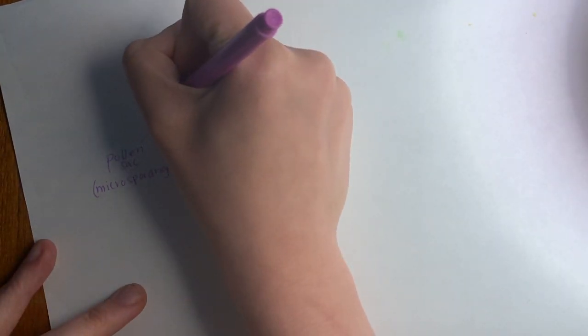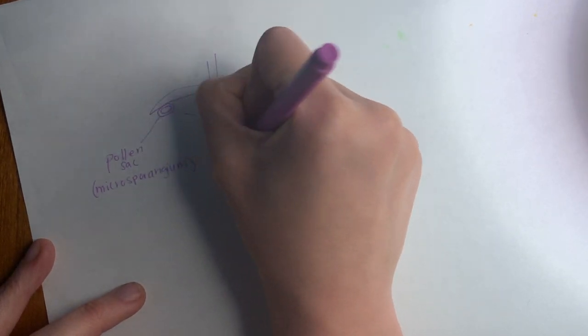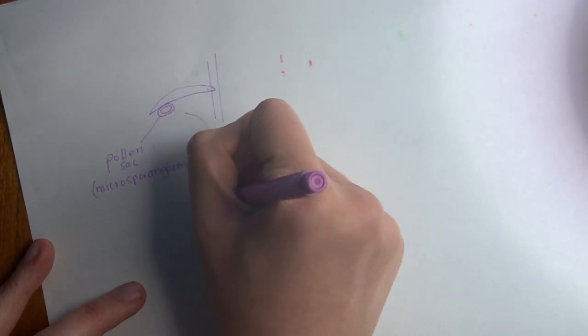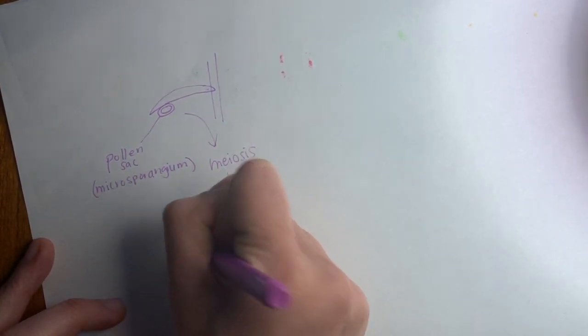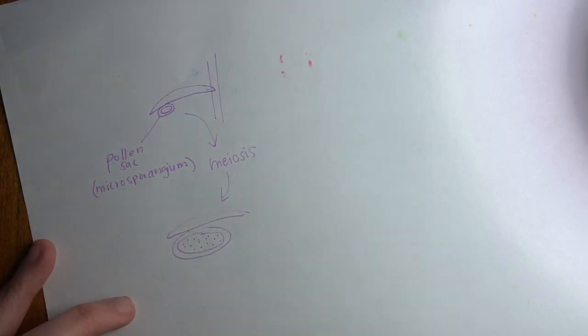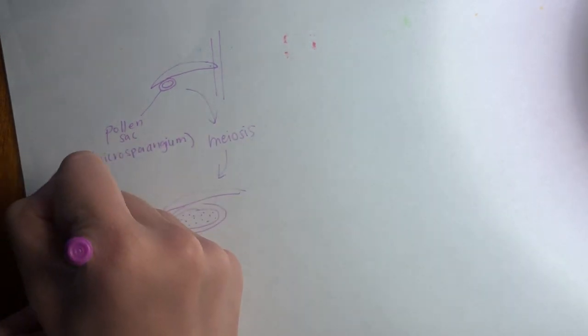Okay, so inside this microsporangium, what are we going to do? We're going to undergo meiosis to produce haploid spores. We've undergone meiosis, and now we have a microsporangium packed full of spores. What do these individual spores do? So remember that the male, in contrast to the female, will have many microspores, whereas the female will just have 1 microspore.